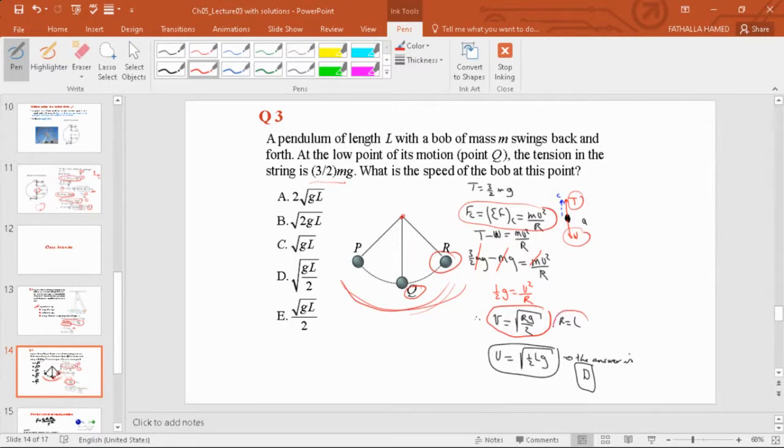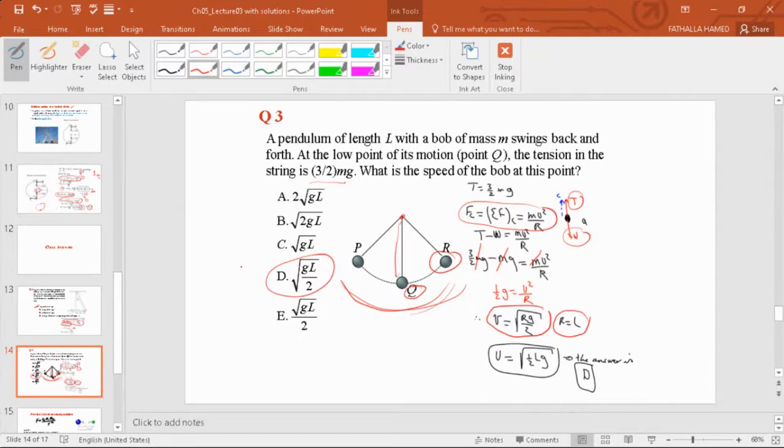But your r here is going to be the length of your wire. So v is equal to the square root of 1/2 Lg, and that's why we say that the right answer here is D. So that's how you reason in dealing with problems of this sort.